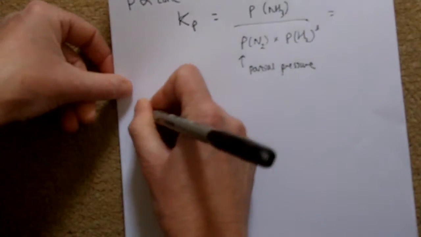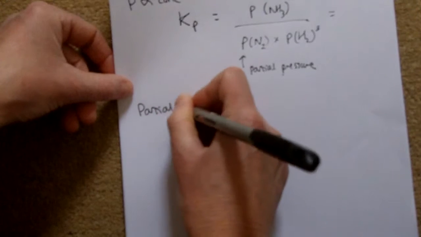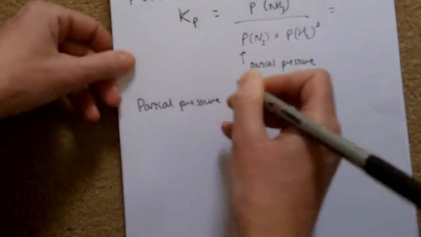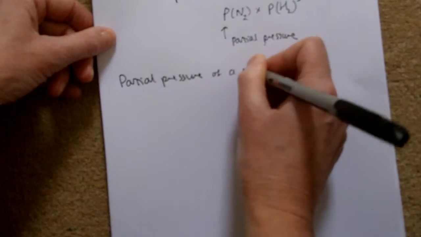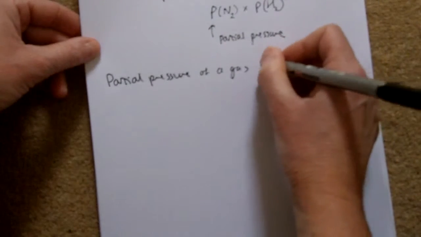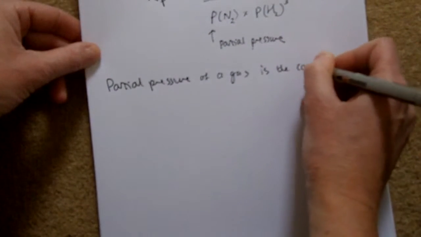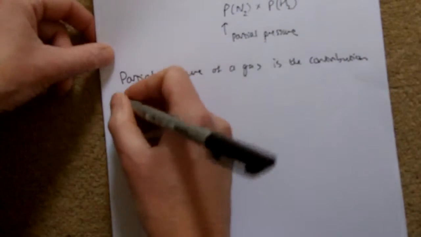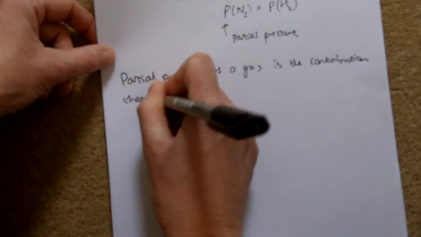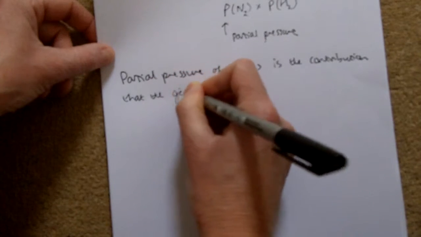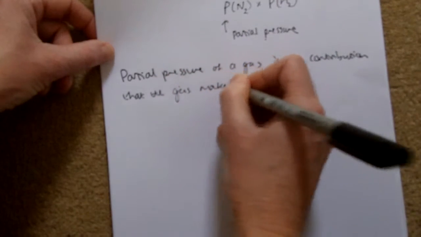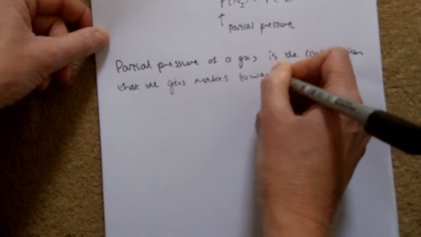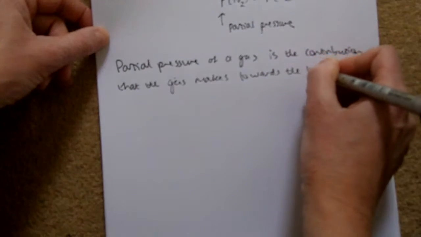The partial pressure of a gas is the contribution that the gas makes towards the total pressure.